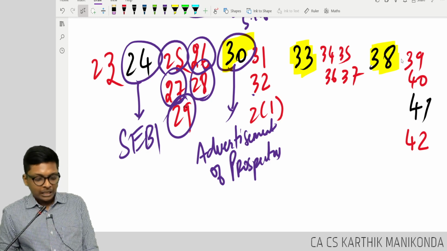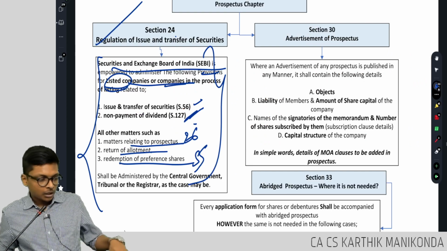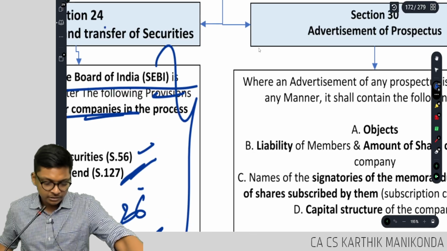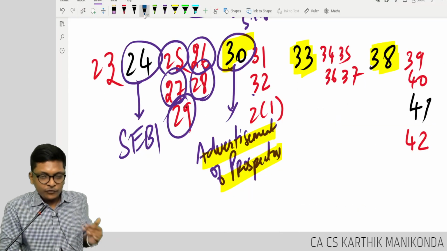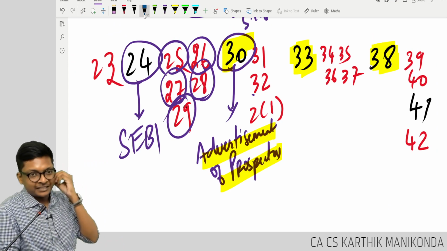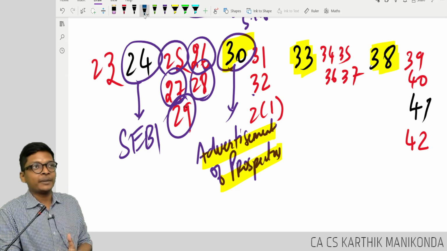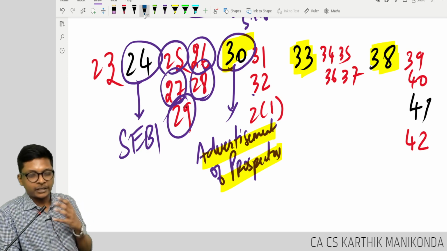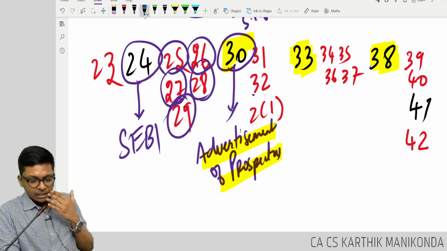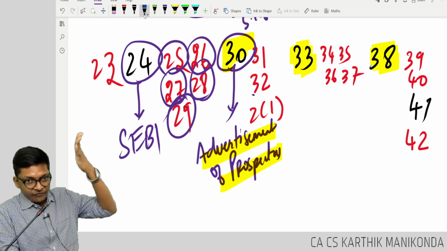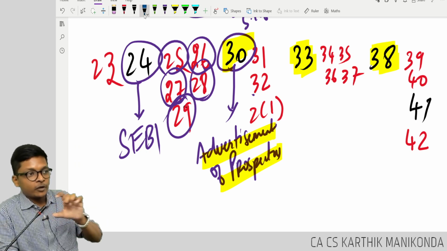Advertisement of prospectus. What is the section saying? You already know the answer, guys. Before I go to the section, if you are giving an advertisement of prospectus, I don't know if you have noticed, recently in the Times of India paper, in the last 1-2 months, I am talking about February or March 2024, the Times of India front page ad was India Bulls is going for a prospectus.